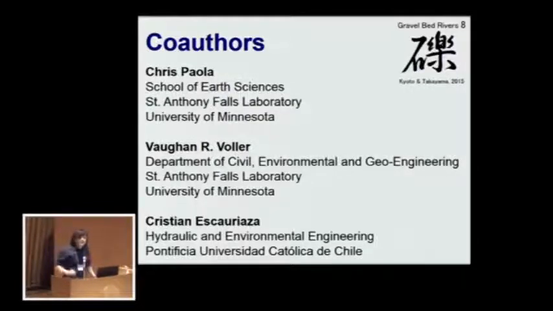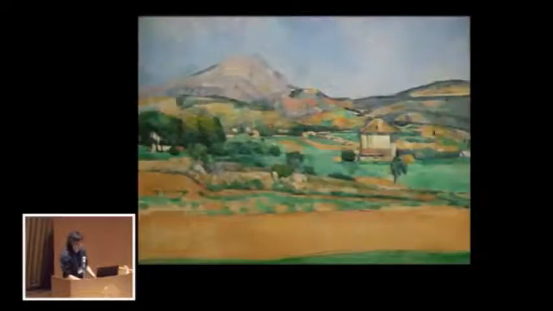When I was preparing this presentation, I thought about this painting by Cézanne. I don't know if you've seen it. It's a painting of Mount Sainte-Victoire from the end of the 19th century. You see, it's a representation of nature.